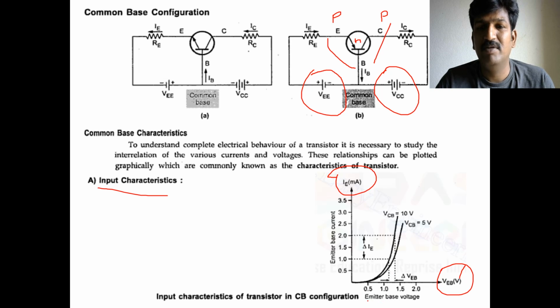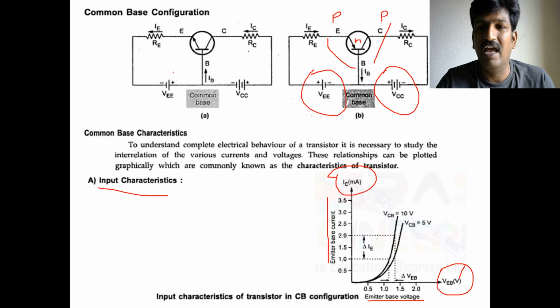This is the emitter base voltage on the x-axis and emitter base current on the y-axis. Emitter base current is nothing but emitter current. Emitter base voltage is the voltage you apply between the emitter and ground. The base terminal is grounded, meaning you are applying the voltage between the emitter and base.